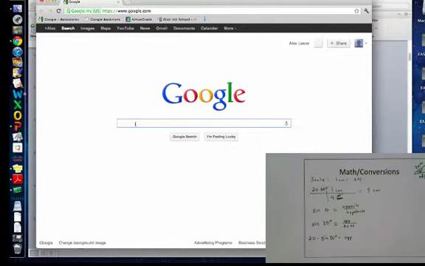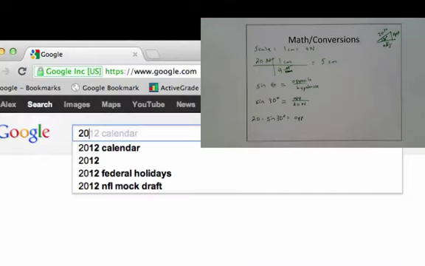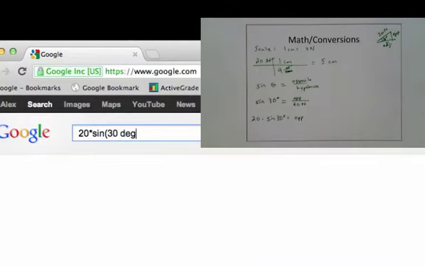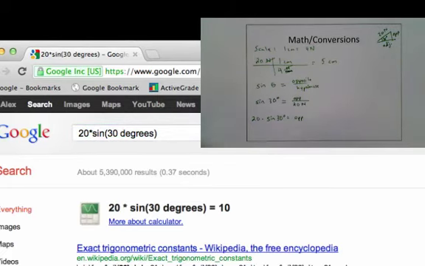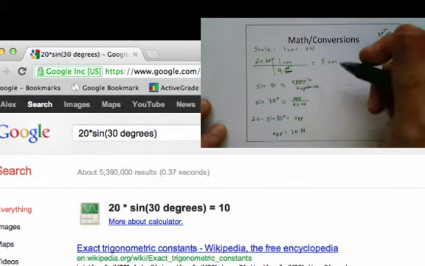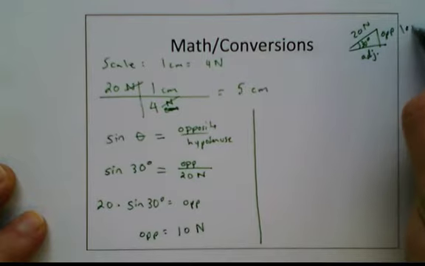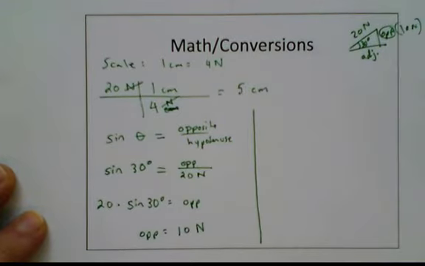We can plug that into Google to get a calculation. So 20 times sine of 30 degrees, and you have to write the degrees so that it knows what units you're using. And opposite equals 10 newtons. Now we can do the same thing to find the adjacent. Or if you want to, you could use the Pythagorean theorem at this point.